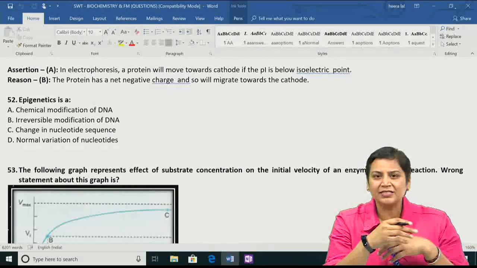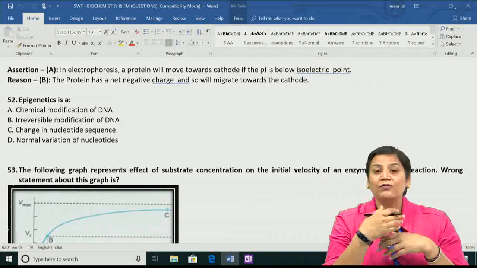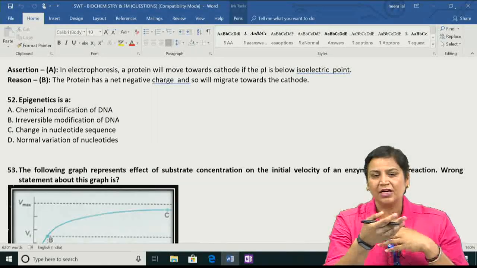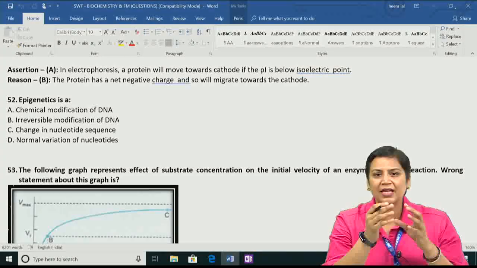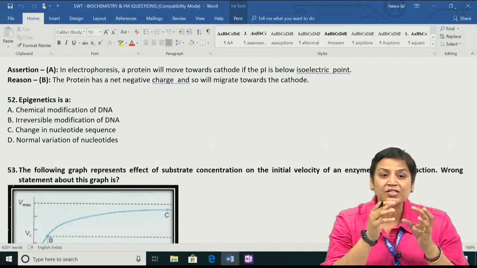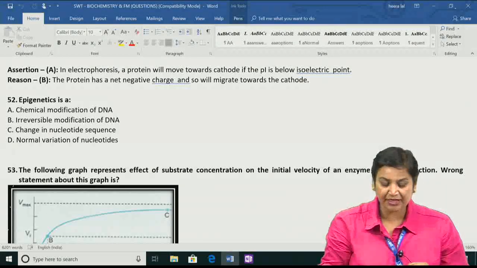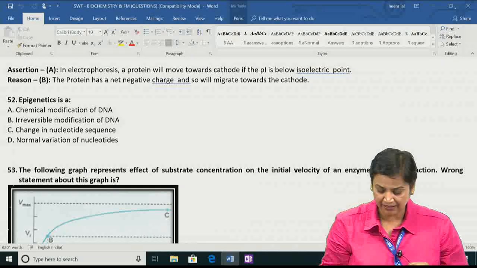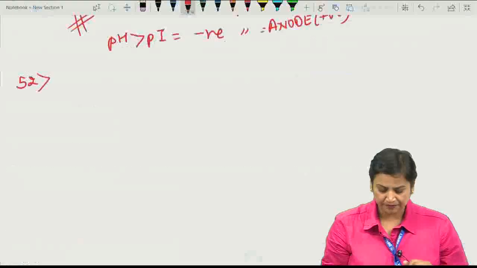So in epigenetics there is no change in the sequence, but yes, there is a modification, which is reversible variation, meaning it alters the expression of DNA. Now how does it occur? For epigenetics there are basically two processes. This is basically a post-replicational modification.